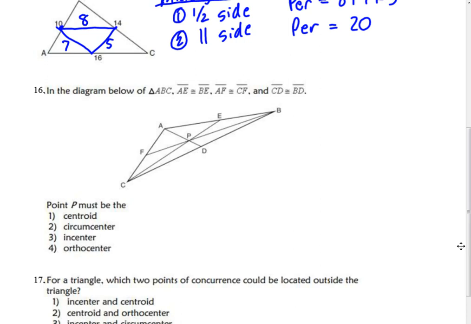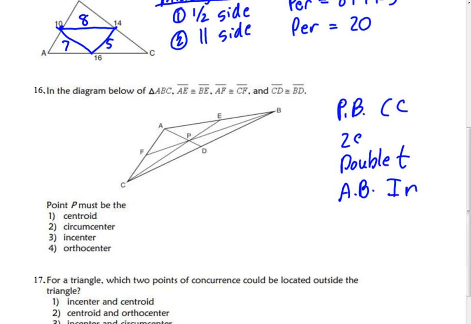All right, so for me, when I see this multiple choice, centroid, circumcenter, in-center, orthocenter, I'm thinking this: PB, CC, 2E double T AB is in, 2E double T AB is in. Does that mean anything to you?